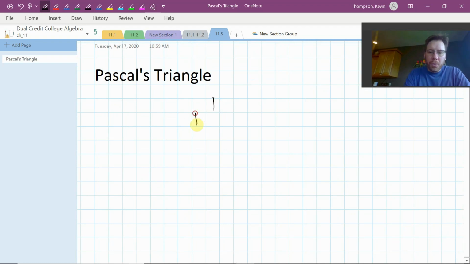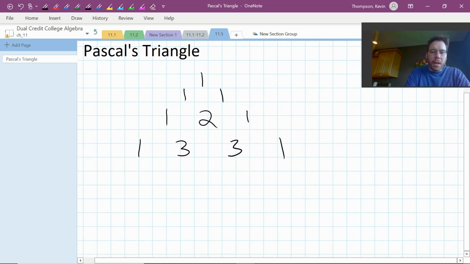The next row is 1, 1. The next row is 1, 2, 1. The next row is 1, 3, 3, 1. The next is 1, 4, 6, 4, 1.